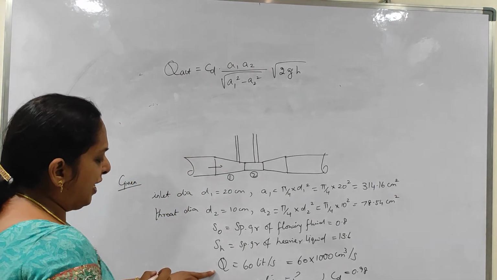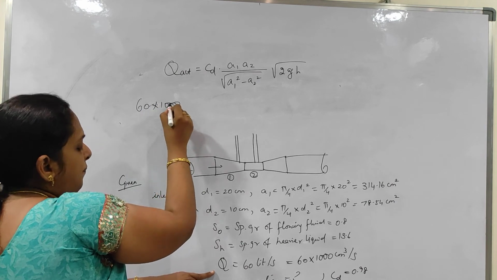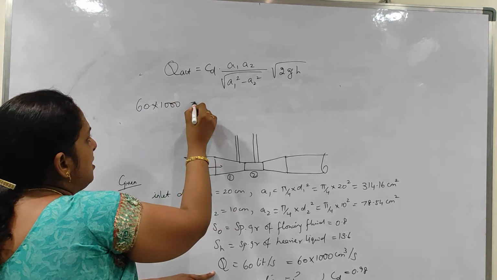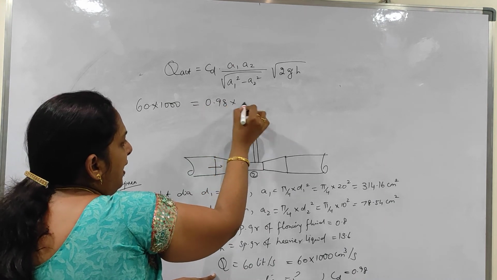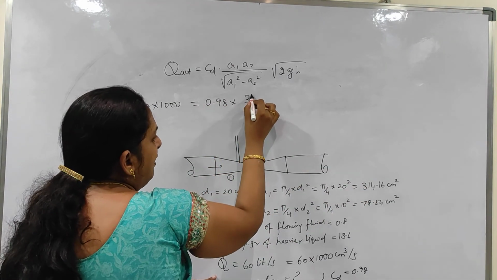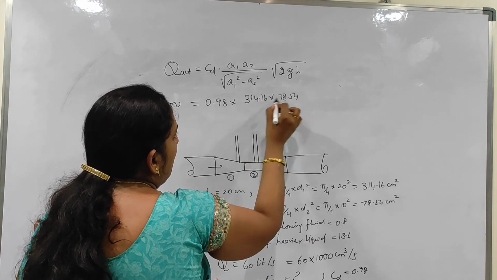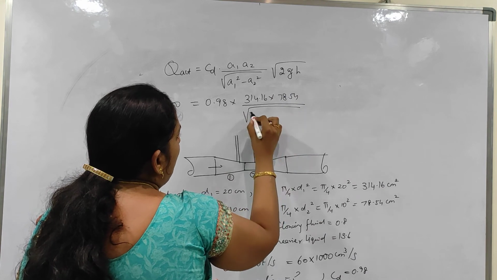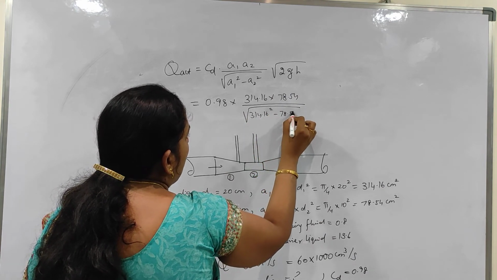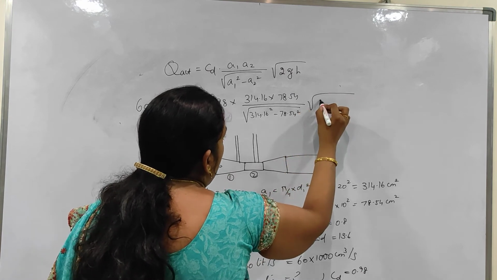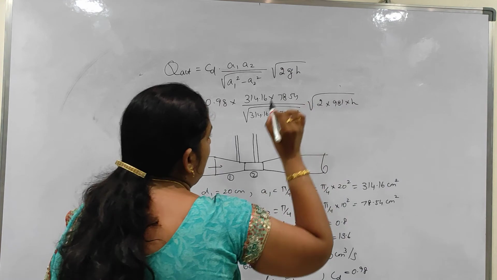So what is the Q actual that is given? 60 liters per second, which I am converting into centimeter cube per second. So 60 into 1000, and CD is 0.98. A1 we have calculated directly here, 314.16, into A2 which is 78.54, divided by root of 314.16 square minus 78.54 square, into root of 2 into G, which is 981, into H, which is unknown.